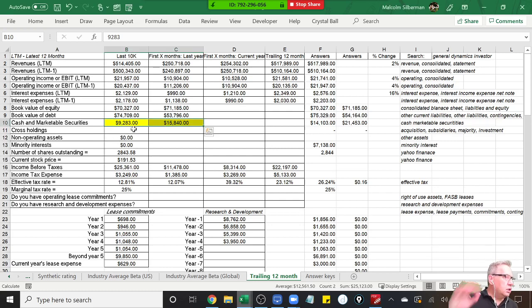So the other thing you're looking for now is these more interesting ones: cross holdings, non-operating assets, and minority interest. Cross holdings is where you've got a holding in another company, so you own another company, but it's not wholly owned.